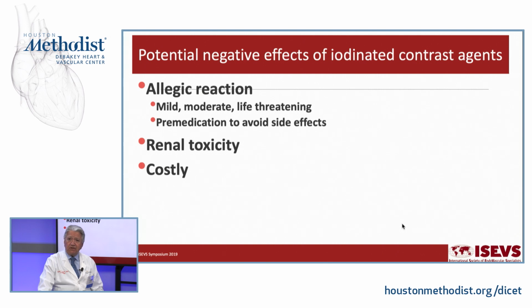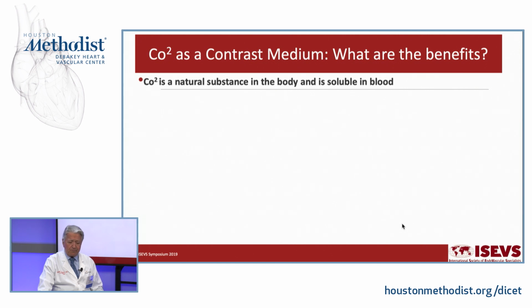Now, in a certain subset of patients, there are contraindications, either absolute or relative, to the use of iodinated contrast. Of course, allergic reaction is one of the most common ones, but not infrequently renal toxicity is another serious issue, not only in patients with borderline function, but also patients with advanced renal insufficiency. And there is also a cost issue involved with it as well.